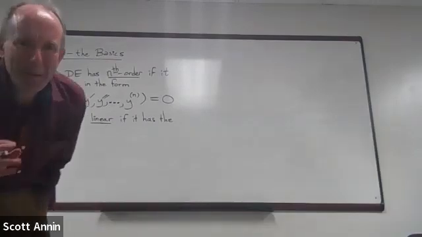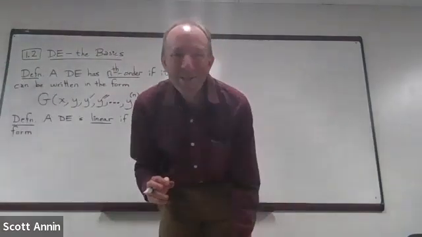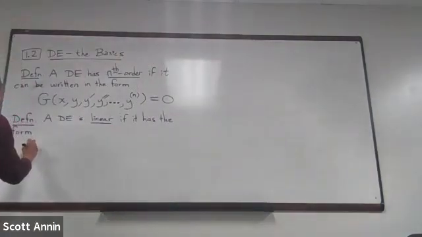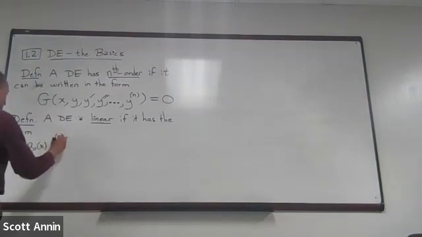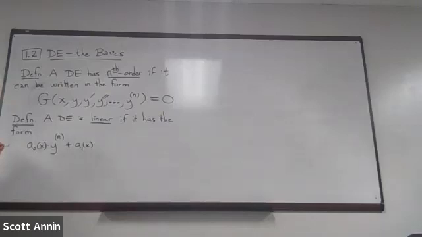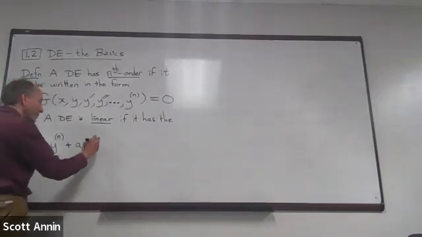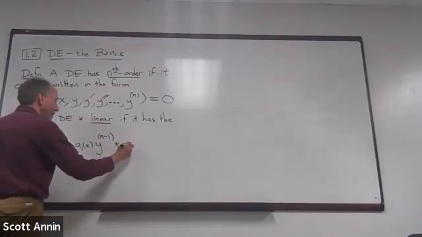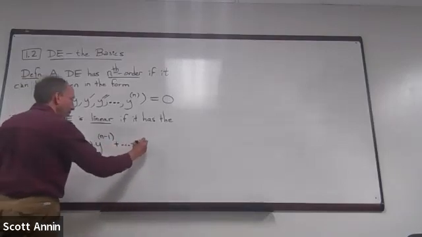this one takes a little bit more to write out, okay? So a linear differential equation has a very particular form, namely a naught of x times n derivatives of y, and then the next term is a1 of x times n minus 1 derivatives of y, and we go on and on.